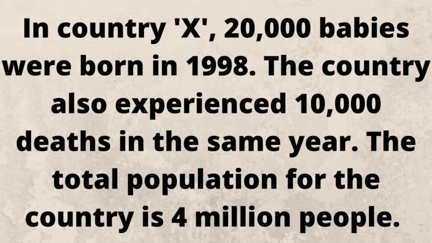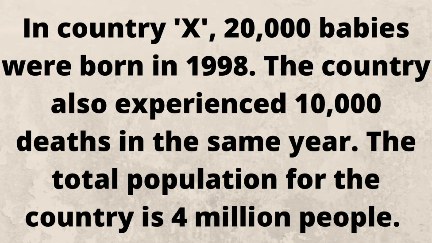Now this is an example of how we would work out birth rate, death rate, and natural increase. In country X, 20,000 babies were born in 1998. The country also experienced 10,000 deaths in the same year. The total population for the country is 4 million people.